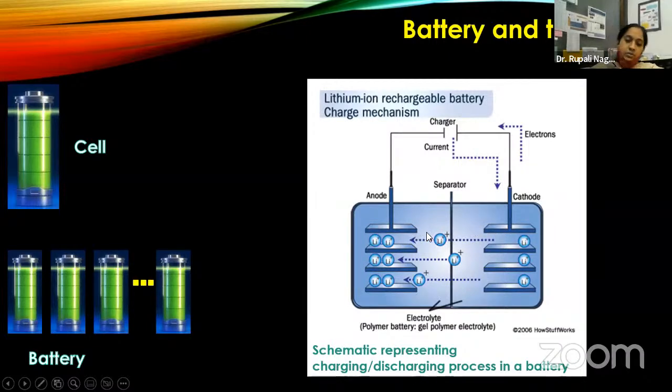So this is an important point, that the separator passes the ions through it and not the electrons. Electrons flow through the external circuit, and whenever we connect a load, we can extract work from this electrochemical energy, which is stored in the anode and cathode.